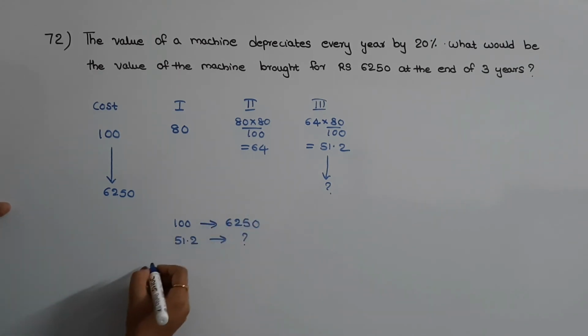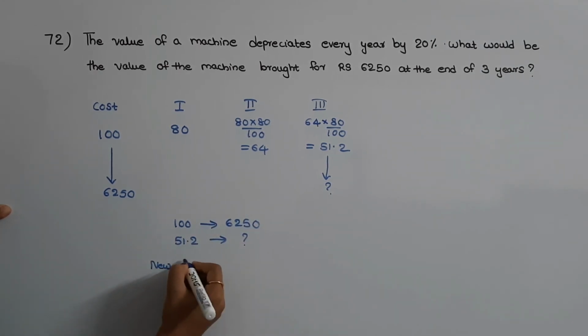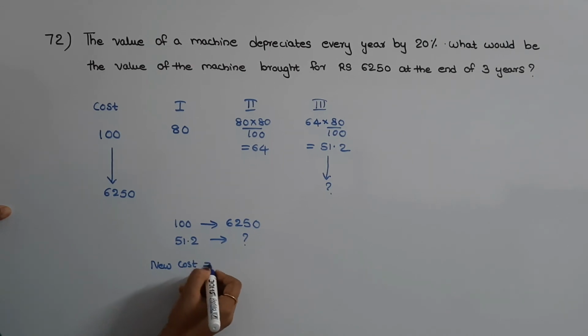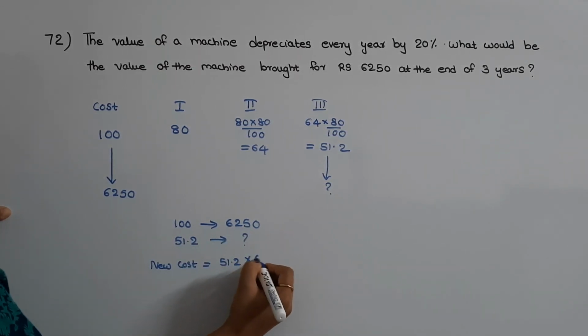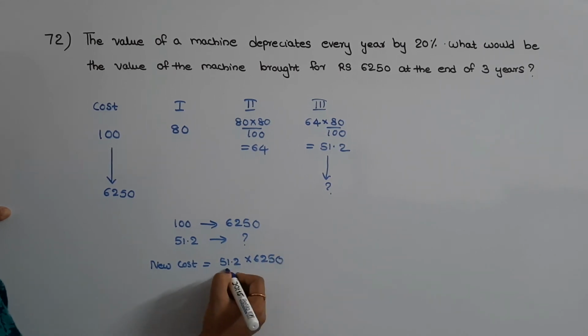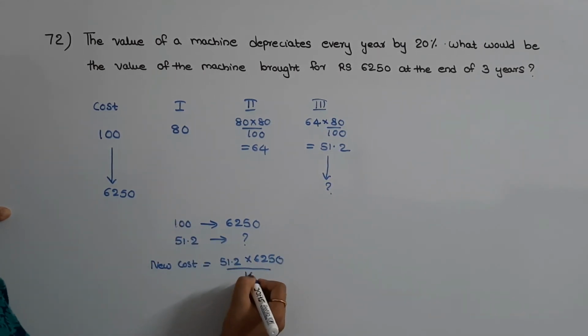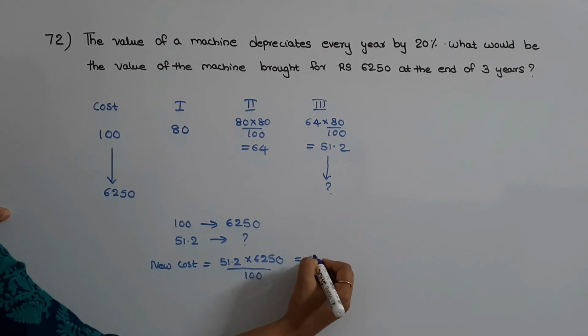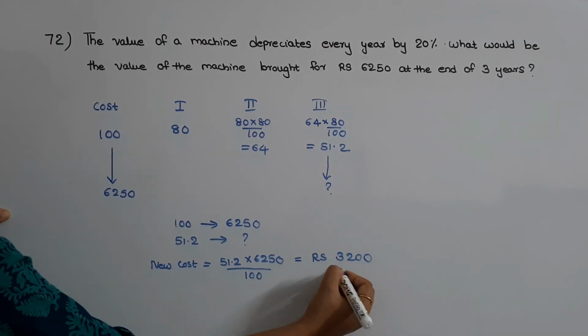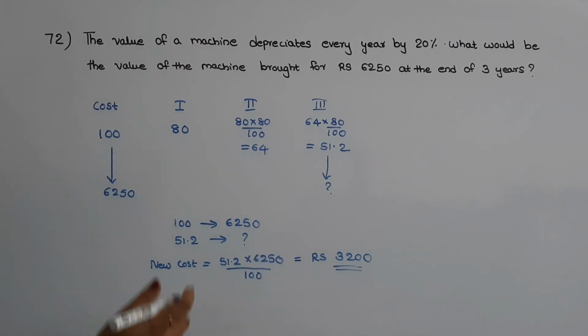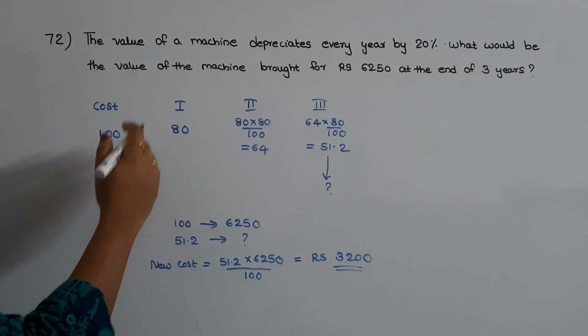So on cross multiplying the new cost will be equal to 51.2 into 6250 divided by 100. So the answer will be equal to rupees 3200.